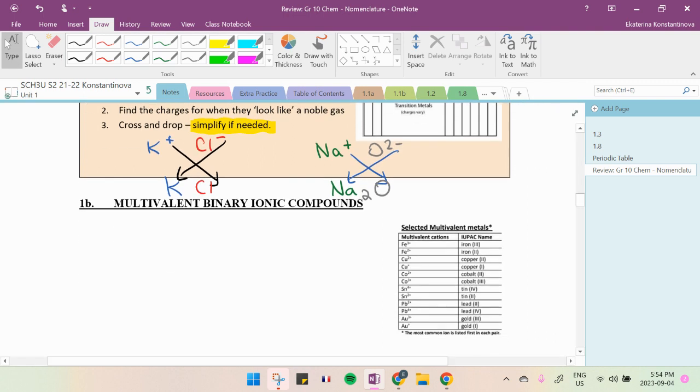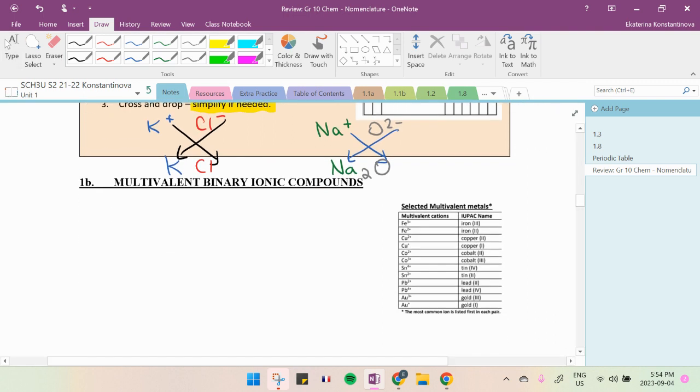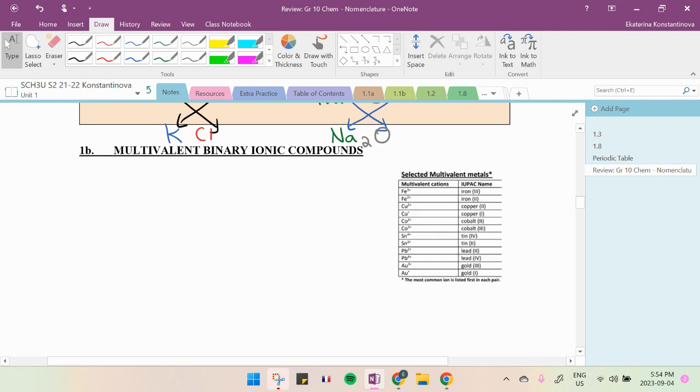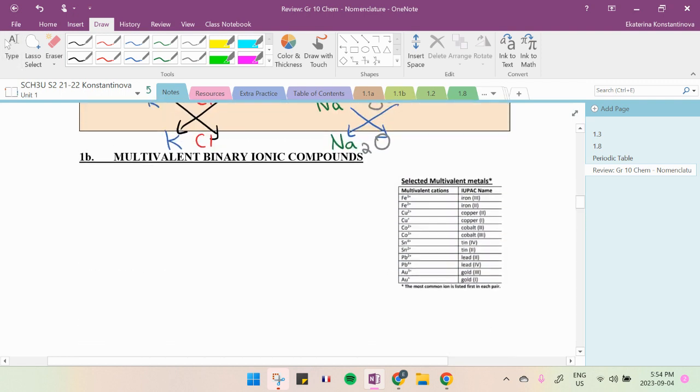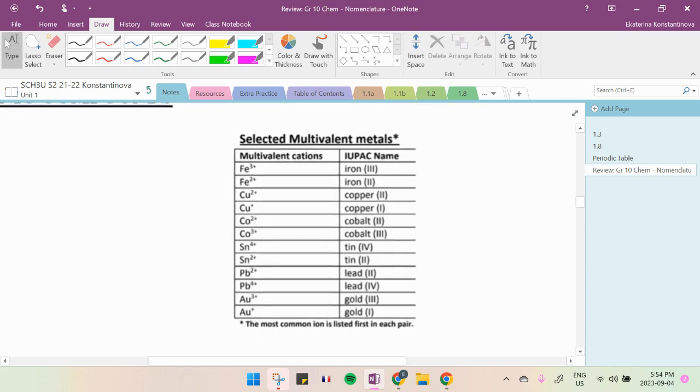So the next type of ionic compound is a multivalent binary ionic compound. So here's a list of a couple of multivalent metals. Most commonly, we're going to see iron, you're going to see copper, cobalt, tin. Let's write that out.